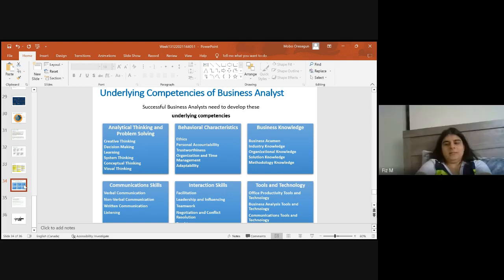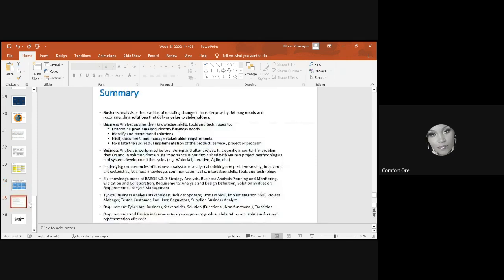Stakeholders are holders within a context. Okay, so business analysis is a practice of enabling change in an enterprise by defining the needs and recommending solutions that deliver value to stakeholders.